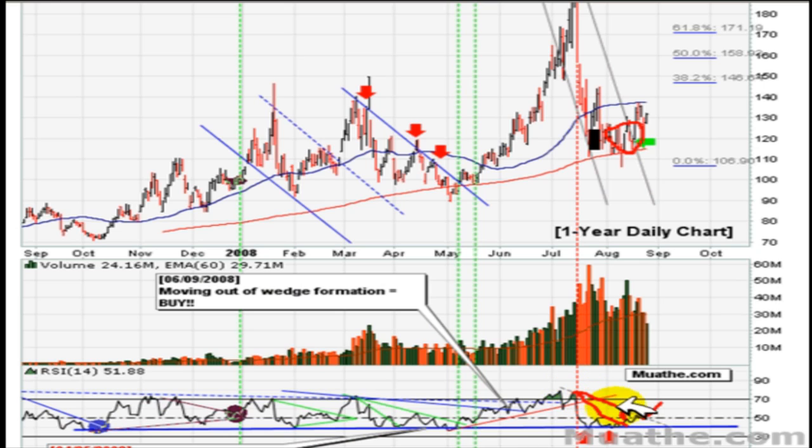The move out of this current wedge formation and above 50 is going to be the buy point, and I suspect the stock is going to see the 160, 170, even the 200 price level in a couple of weeks. But we haven't seen the buy point yet, so it's a risky trade.